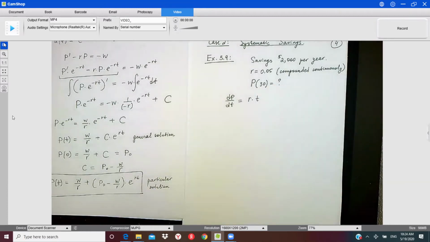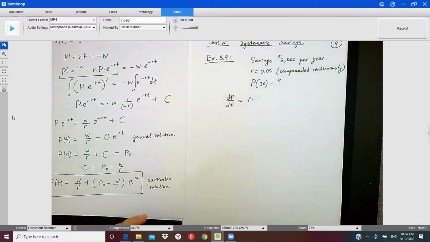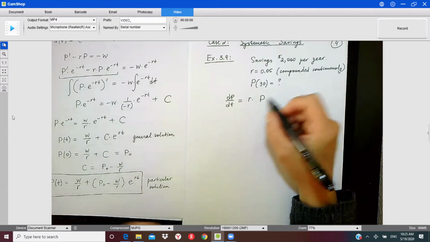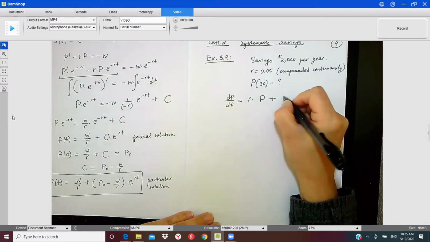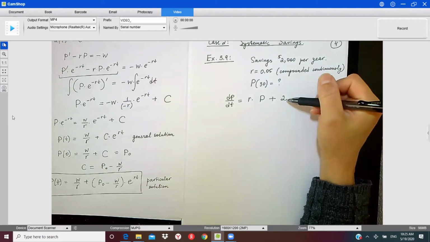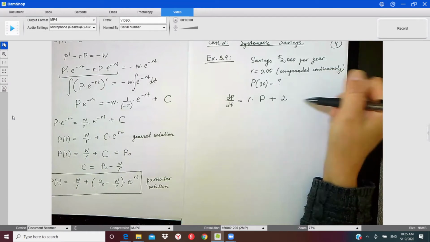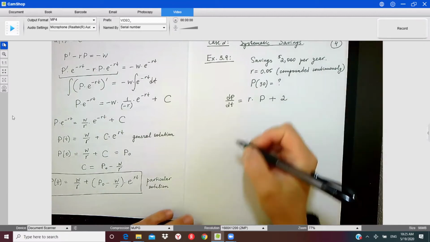I'm not sure why I put T. It's supposed to be P, R times P. R times P, and this is because you have interest rate compounded continuously. And then you have to add 2,000. So 2 here represents the number of thousands per year. I'm not going to actually write 2,000. That's a very big number. So any questions?